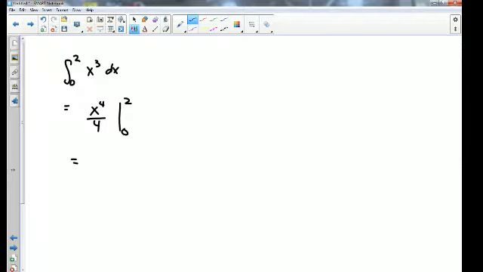It's just, what's the derivative of this? 4x cubed over 4, right? And it gets you back here. Okay, now evaluate. So you get 2 to the 4th over 4 minus 0 to the 4th over 4. 4 minus 0, yeah, 4.